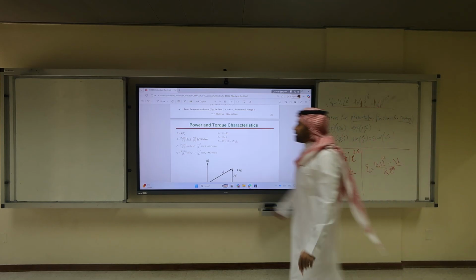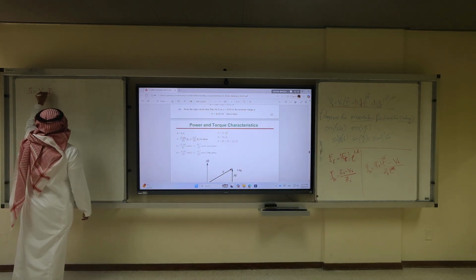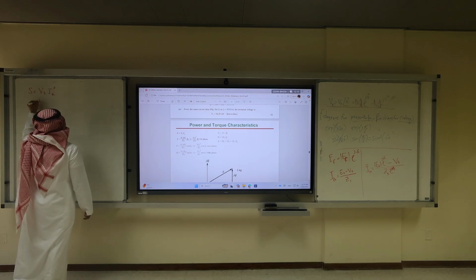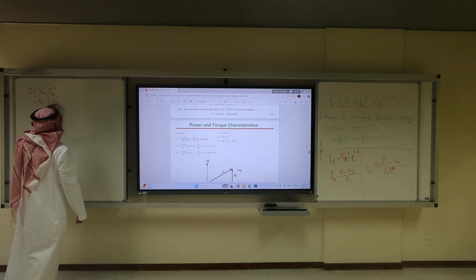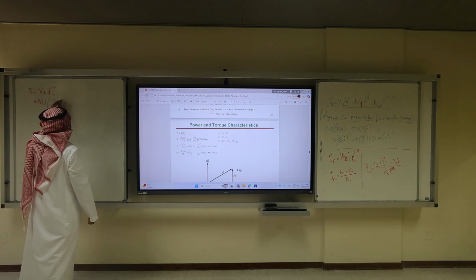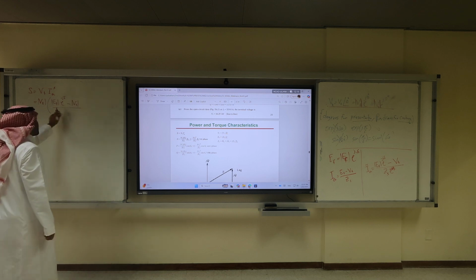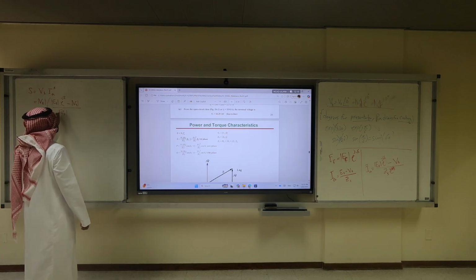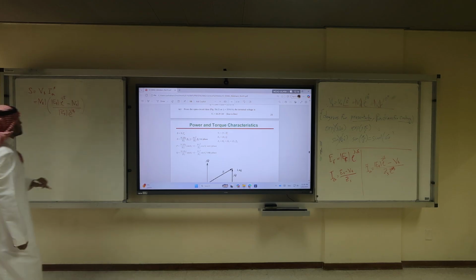Now, let's go to the expression S equal Vt Ia conjugate. It is Vt e to the power j0 is gone times E of f absolute value e to the power j minus delta minus Vt absolute value over Z of S e to the power j minus theta of s.